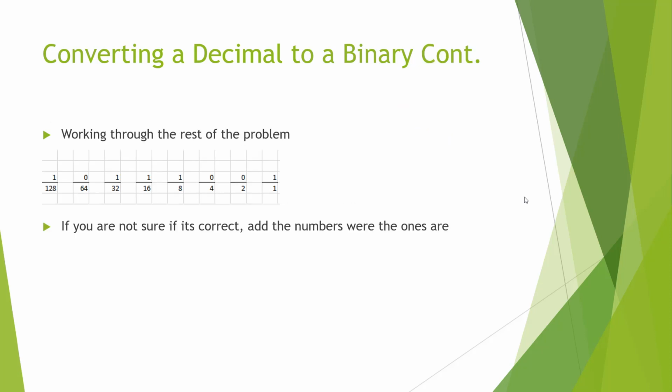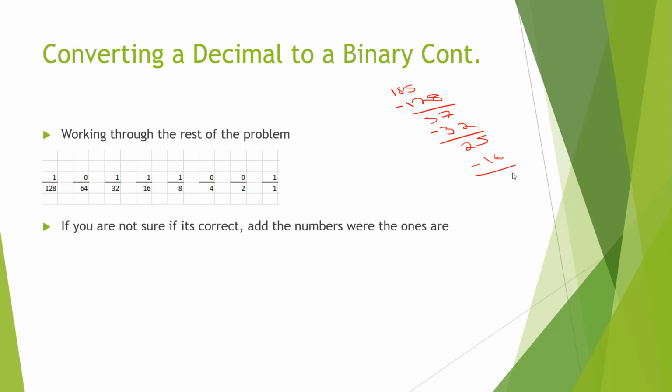We can finish out the math. So I'm just going to do it longhand. 185 minus 128, 57. 64 can't go into it. 32 can. So if we look at 57 minus 32, that's 25. Can 16 go into 25? Sure can.